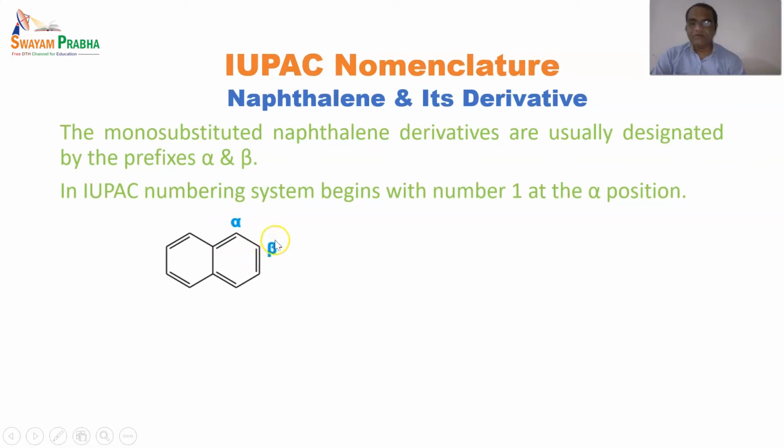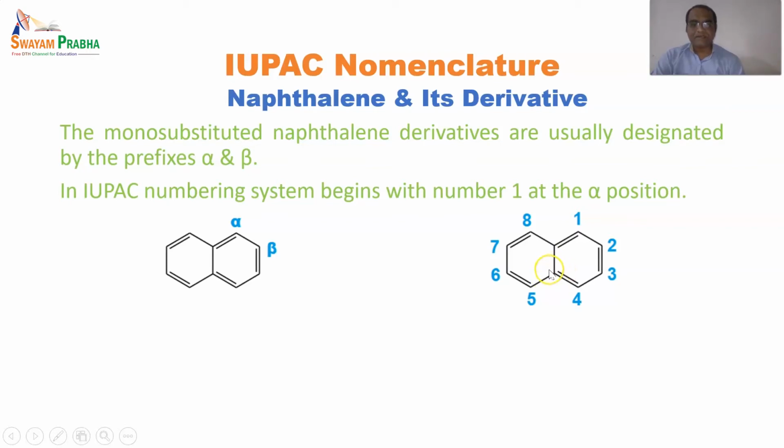That is alpha and beta substituted. So numbering starts from an alpha position. As has been shown over here, from the alpha position number 1 starts, 2, 3, 4, and this fused carbon is not given a number because it does not have any kind of substitution.